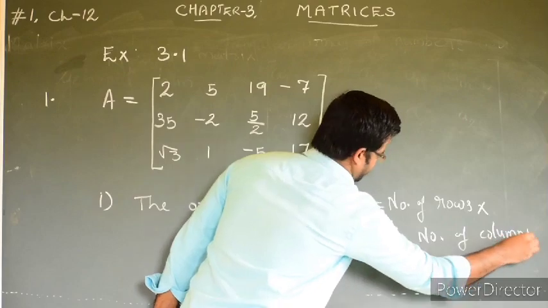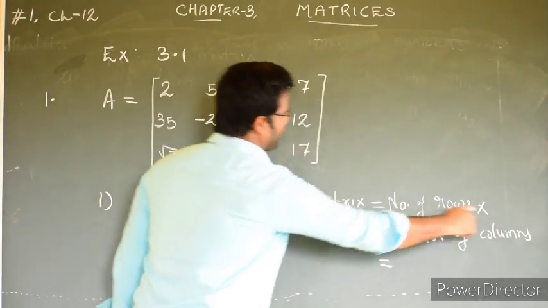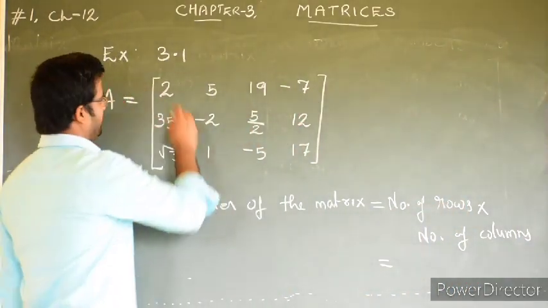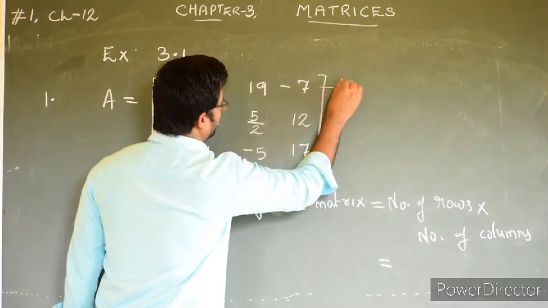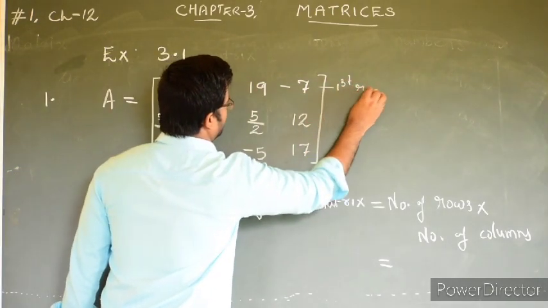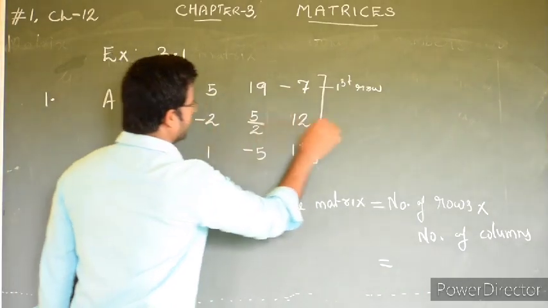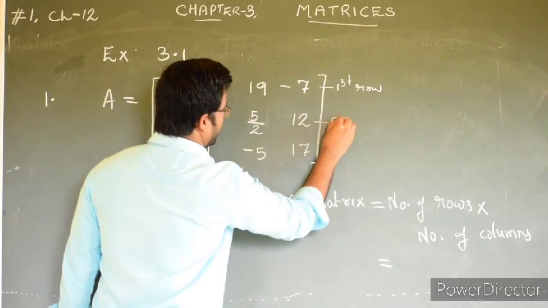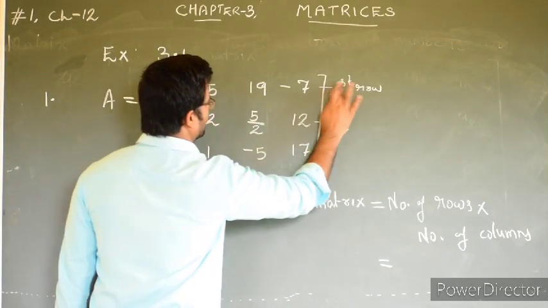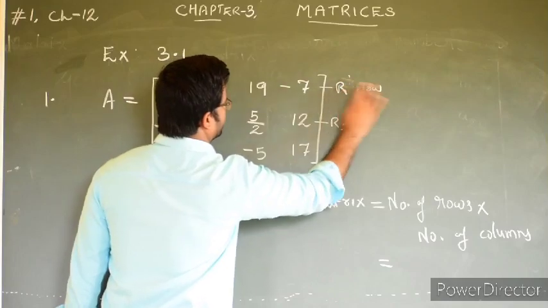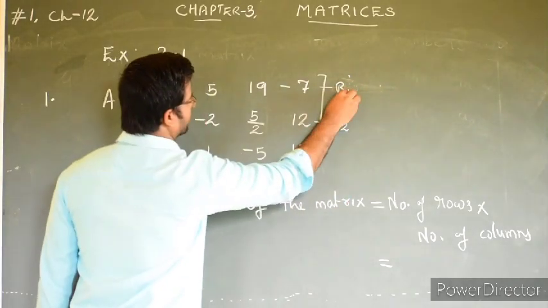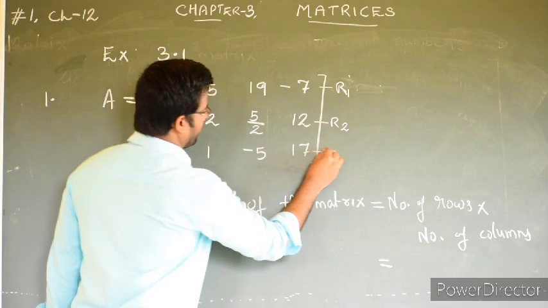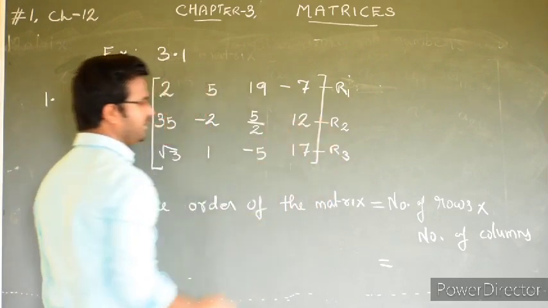How many rows are there? This one is R1, first row. Then this is second row, R2. Then this is R3, third row.